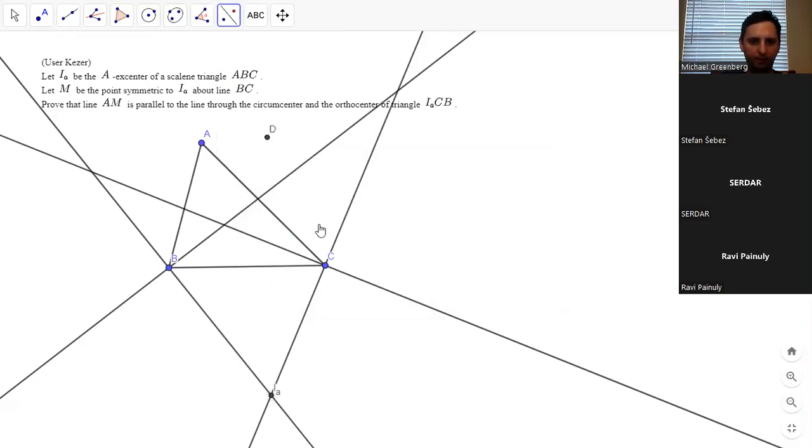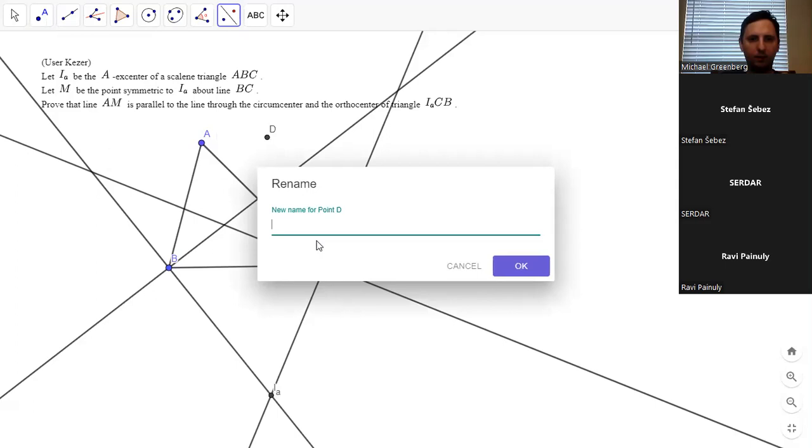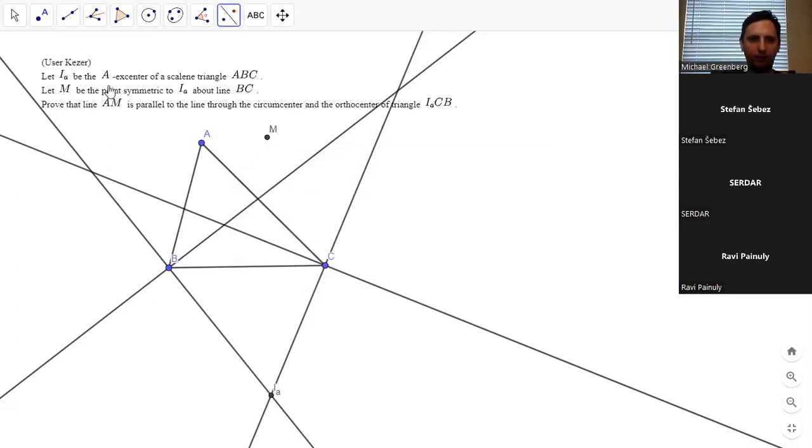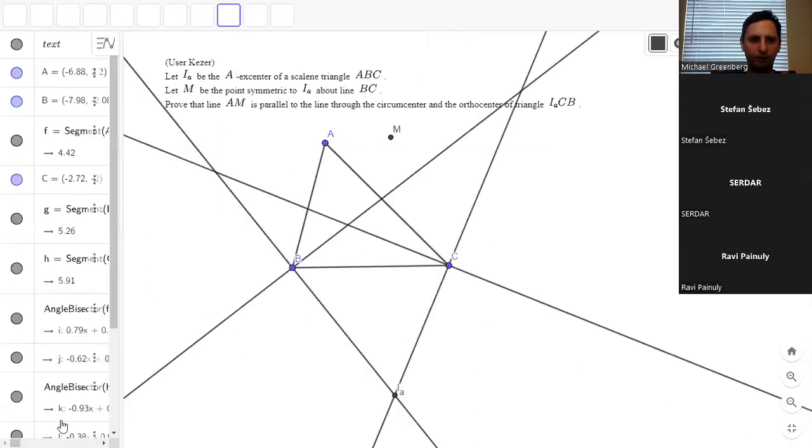So that's M. And we want to show that AM is parallel to the line, the orthocenter of IACB. So let's call that H.